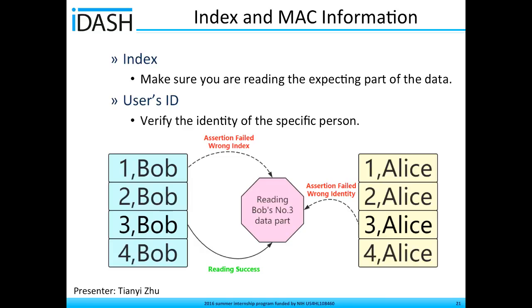So the only way you have a successful reading is if you are really reading the number 3 part of Bob. This kind of protection helps you ensure that you are reading the expected thing.